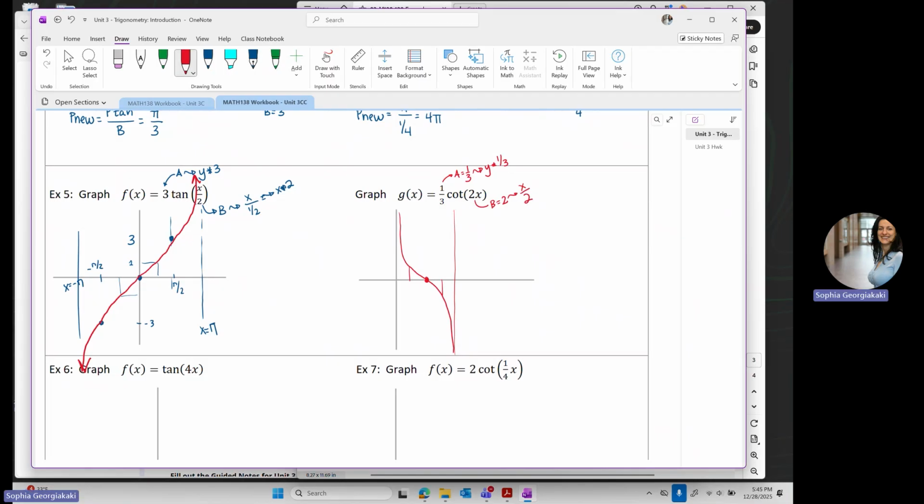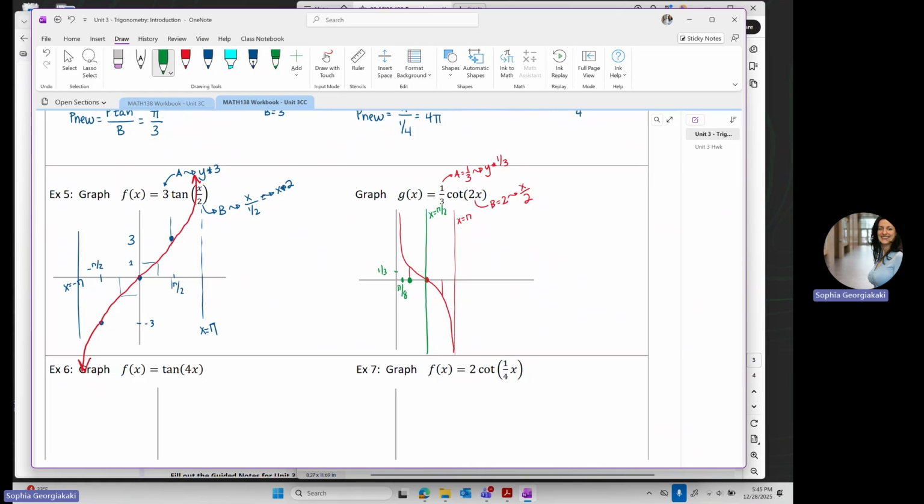So what does that mean? That means that the asymptote of x equal to 0 will stay x equal to 0, because 0 divided by 2 is 0. The asymptote of x equal to pi will now become x equal to pi over 2. Pi over 4 will become pi over 8. The y value instead of 1 will be 1/3. Pi over 2 will become pi over 4.